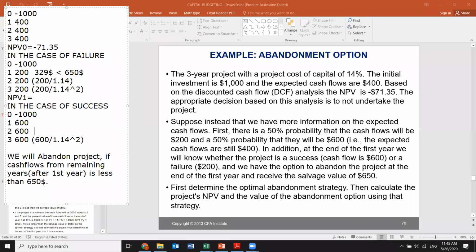And this 600 divided by 1.14 to the power 1. And in total, if you calculate and sum it up, you should come up with 987.5, something like this. Or if you round it up, let's round it, 988, which is bigger than $650. So still, it's not the time to make a decision. You will make a decision when you calculate the overall NPV, okay?